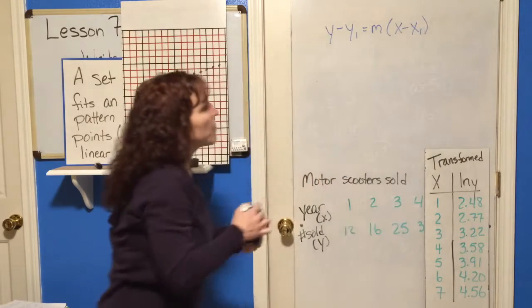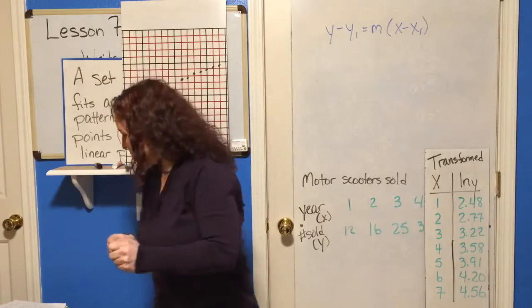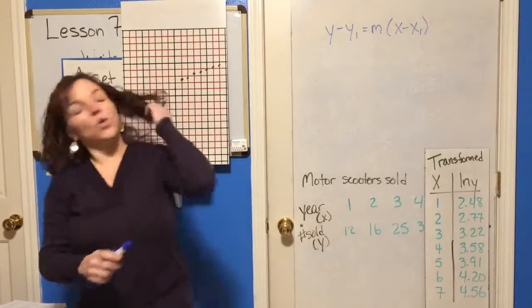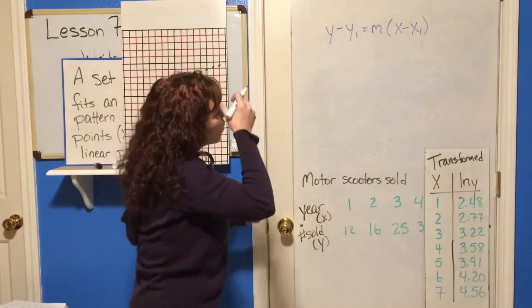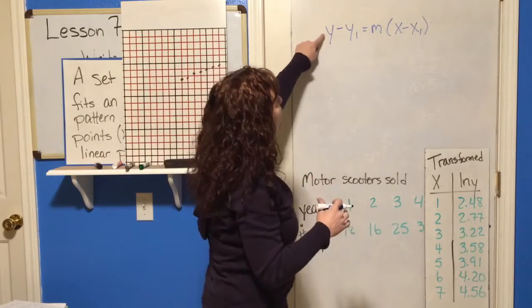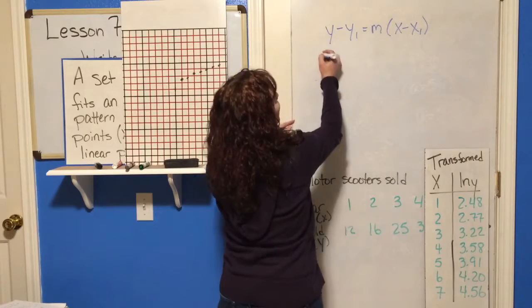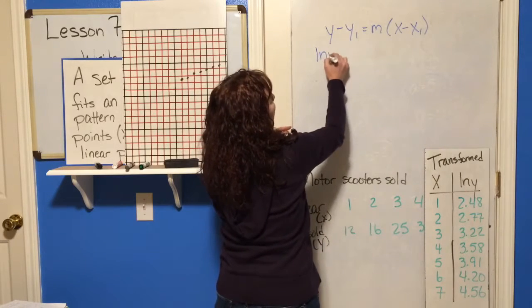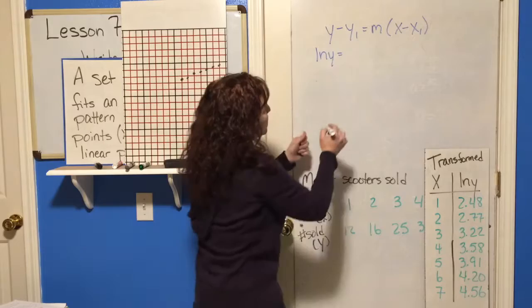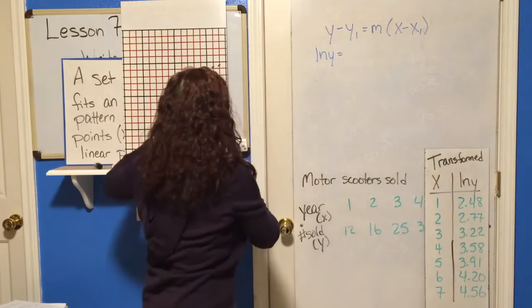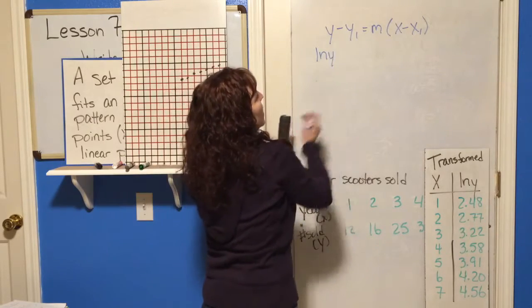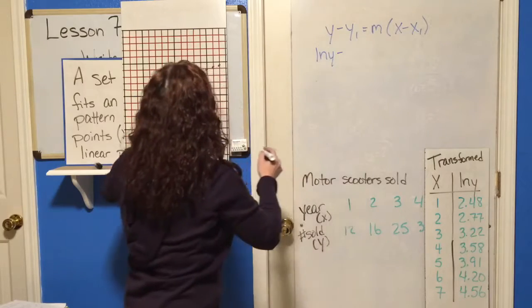Remember that? That's going way back. Oh my goodness. All right, now we're going to transform this because we're not using just y, we're using the natural log of y. So it becomes natural log of y minus y1. Oops, let me back up.